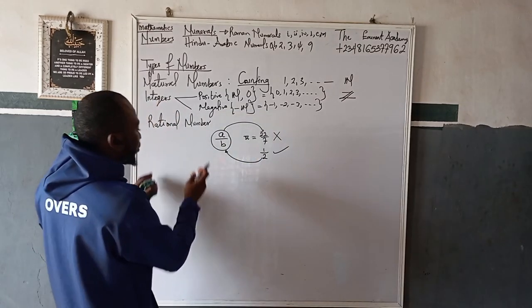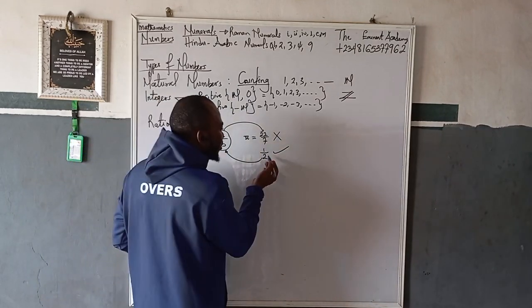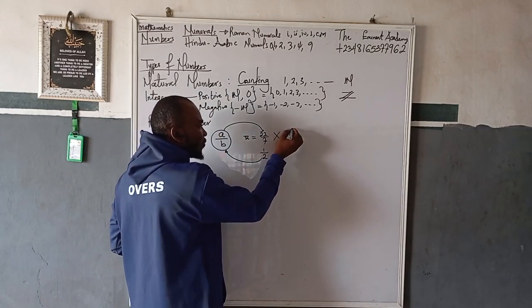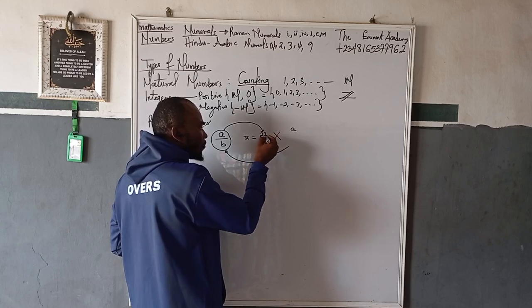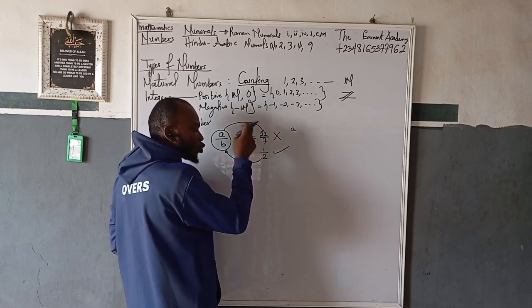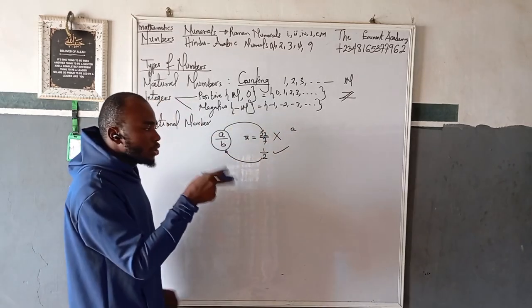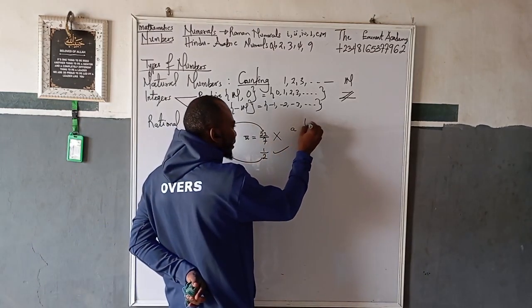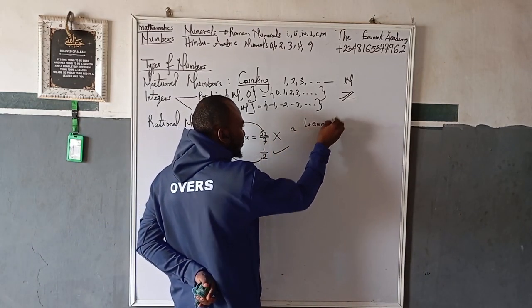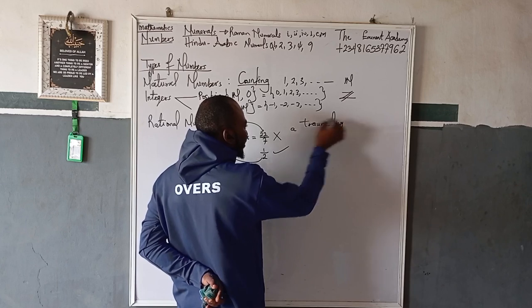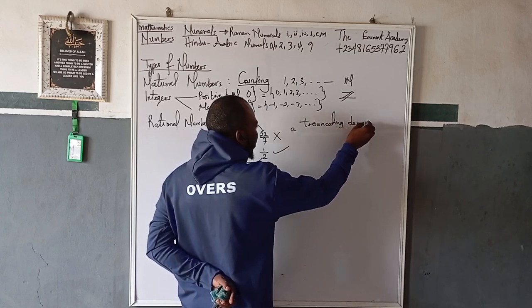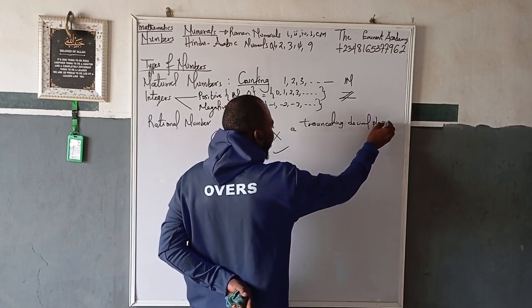What I will give as the definition of a rational number is that rational numbers are numbers that, if converted from their fractional form to decimal form, will give a truncating decimal value, or let me say decimal values, any of the two.